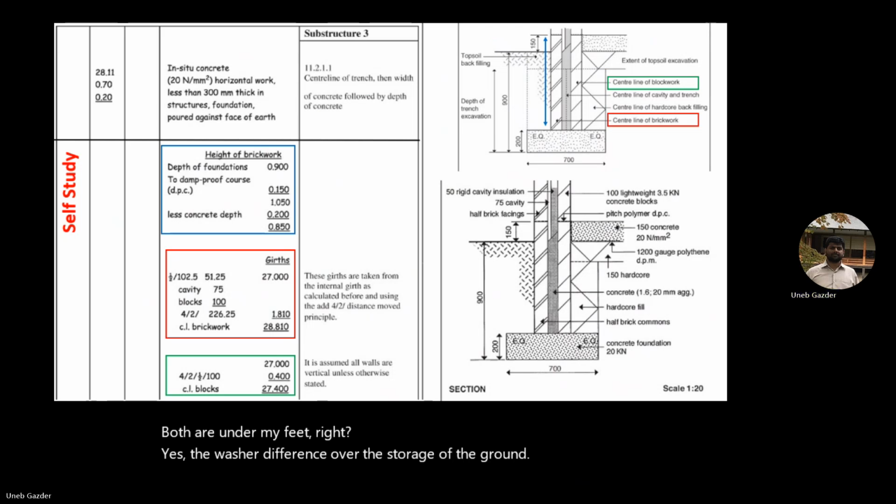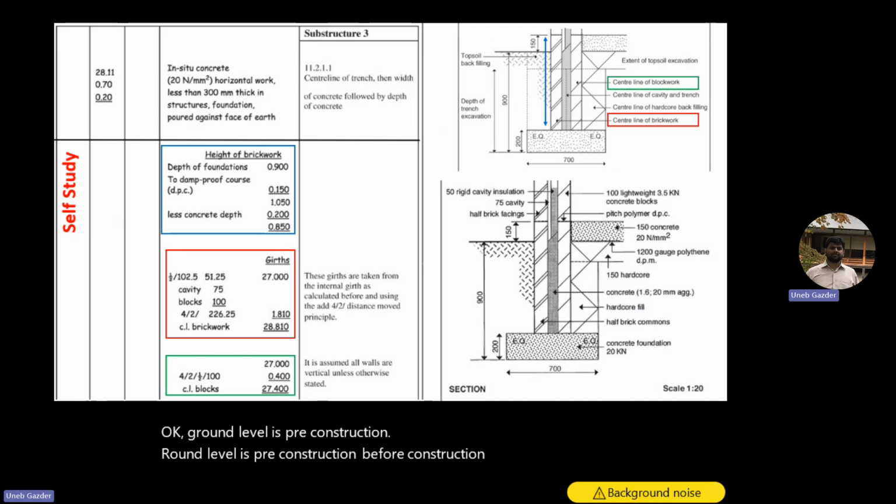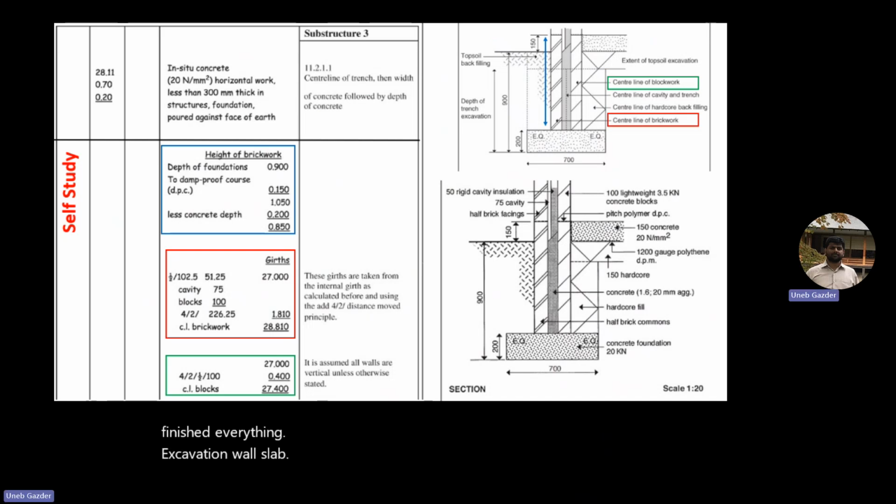Ground level is pre-construction, before construction, whatever you have. You did not do anything yet. Floor level is when you have finished everything: excavation, wall, slab, waterproofing. So we do it up to the floor level, not the ground level.